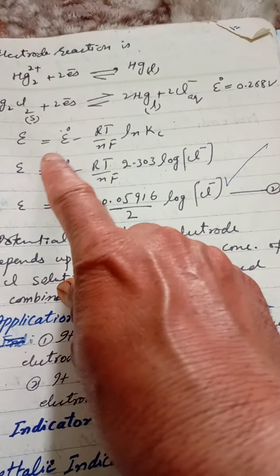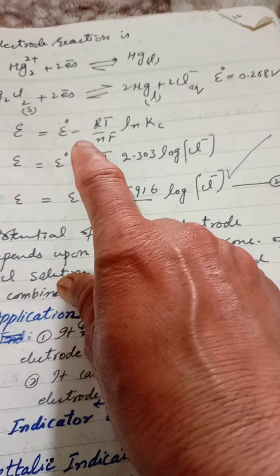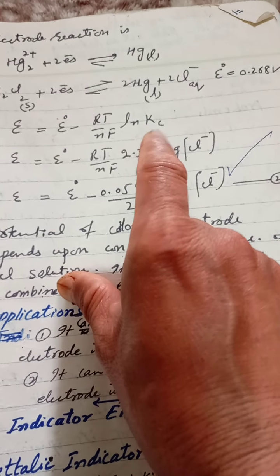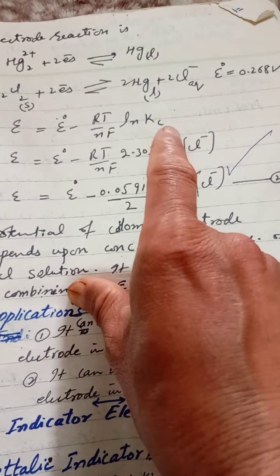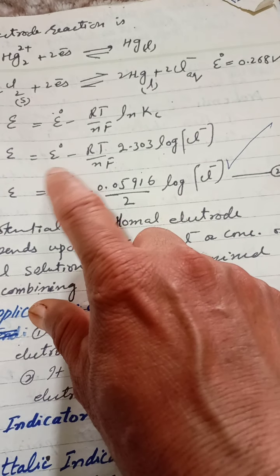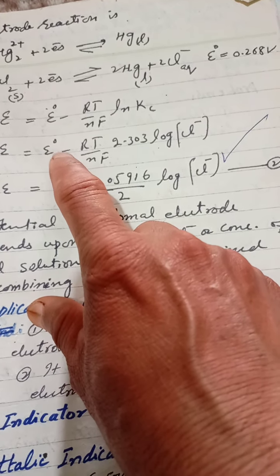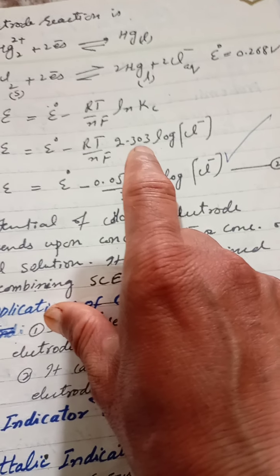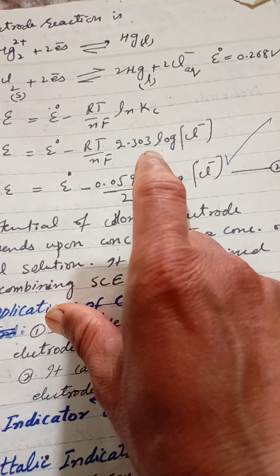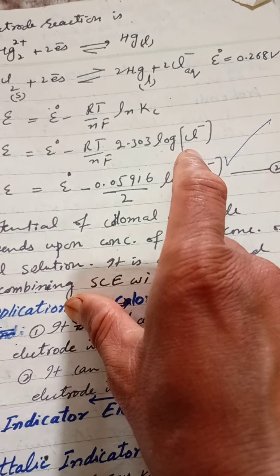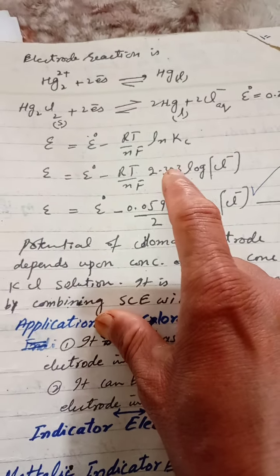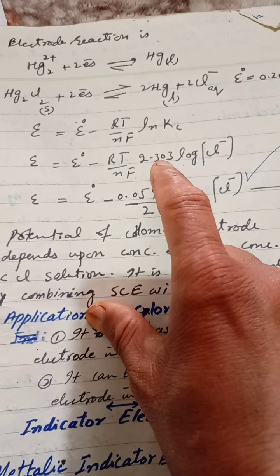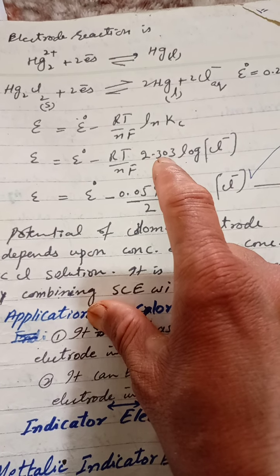From the Nernst equation, electrode potential E is equal to the standard electrode potential E naught minus RT over nF, 2.303 log of Kc, the equilibrium constant, here the concentration of Cl negative ion.